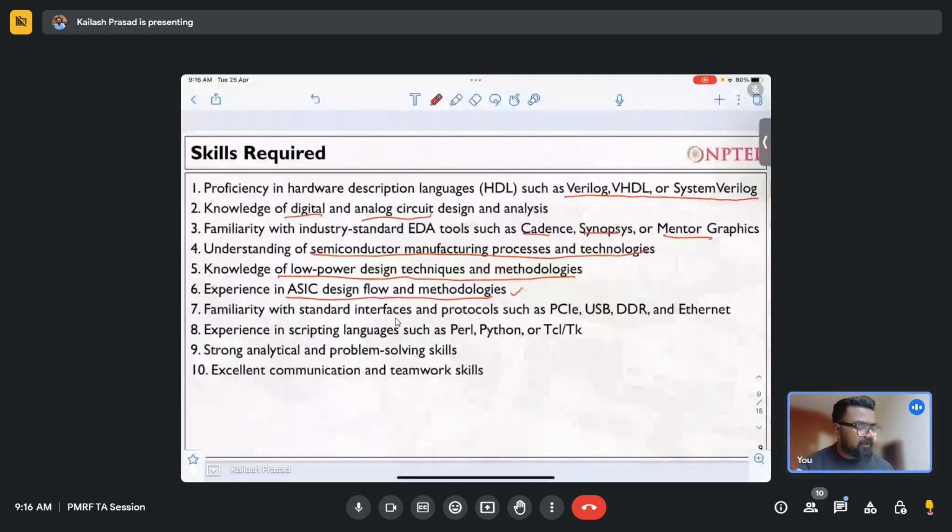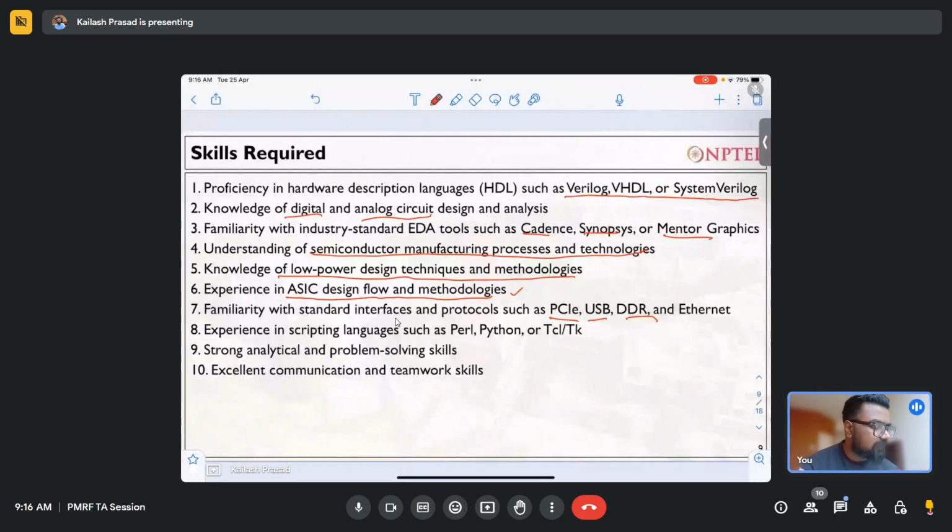Now, the seventh is you should know some of the industry standard protocols. I have not discussed this in the VLSI design course; it was beyond the scope of that course. But you should go over the internet and search these protocols: PCI, USB, DDR, Ethernet.